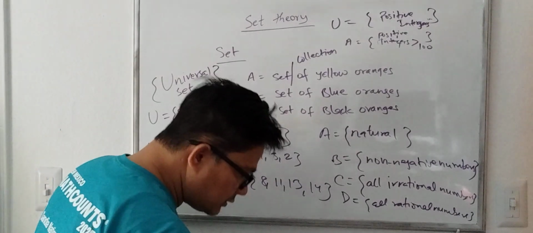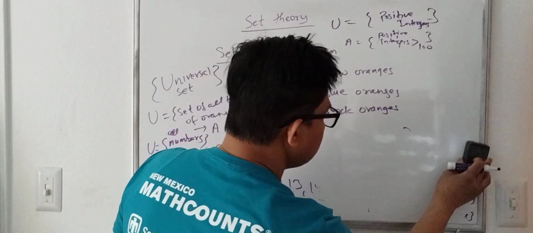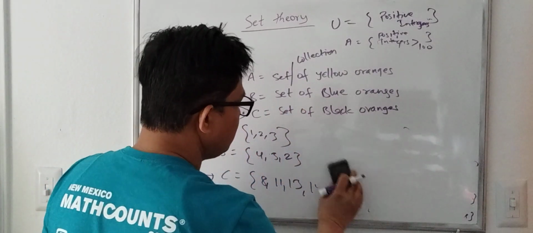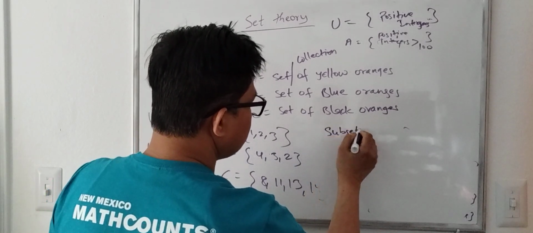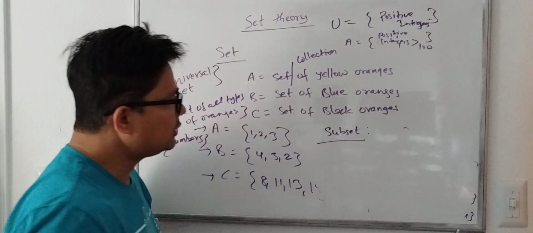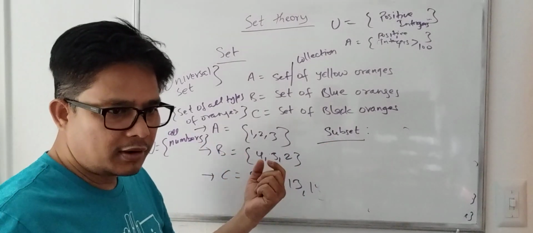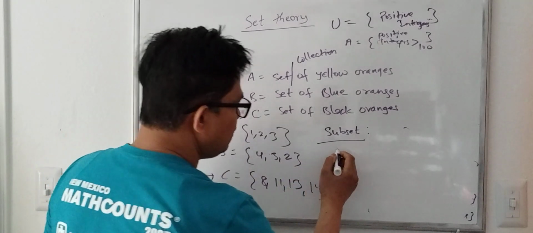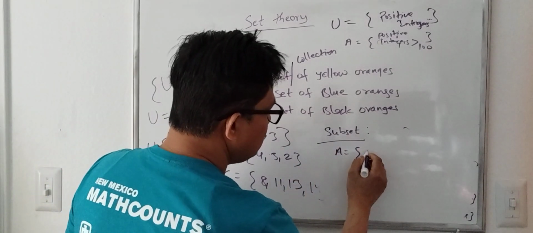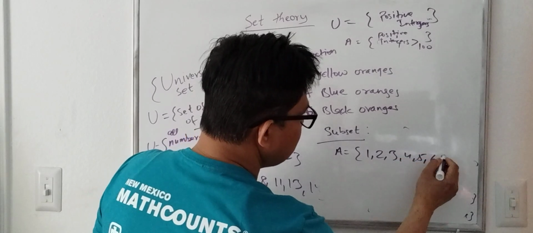Then there comes another concept called subset. Then you will understand it better. Okay, this is called a subset. A subset is nothing but a part of a bigger set. Let's take an example. Let's say A is {1, 2, 3, 4, 5, 6, 7}.